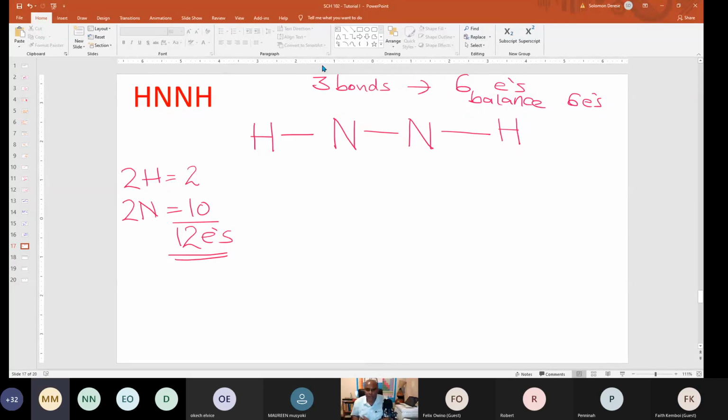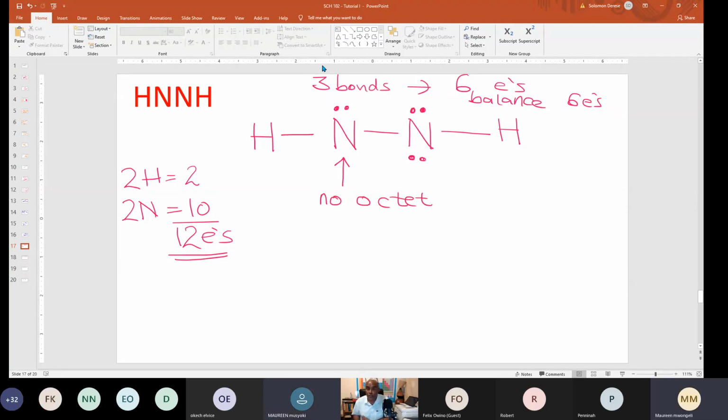So I can put 2 here, 1, 2, 3, 4, and then the remaining 2 here. 1, 2, 3, 4, 5, 6, 7, 8, 9, 10, 11, 12. All 12 electrons are used, but this one does not have an octet of electrons. No octet.